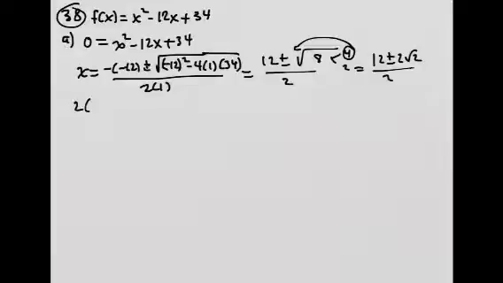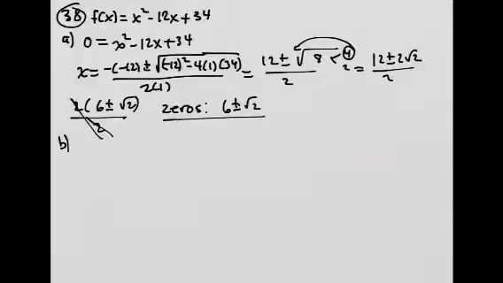We factor out a 2. So now I can cancel the 2's right there. So the zeros are 6 plus or minus radical 2. Okay.